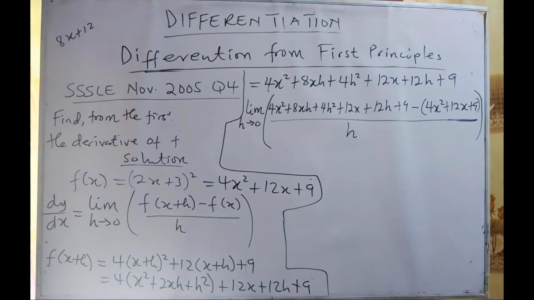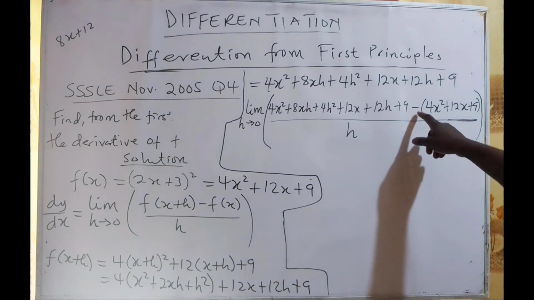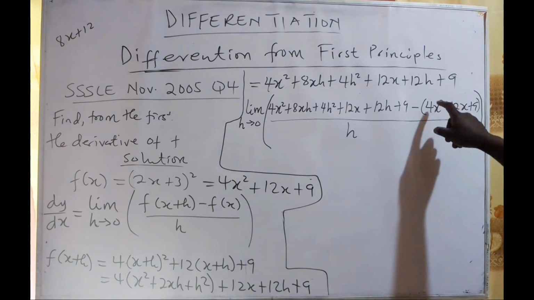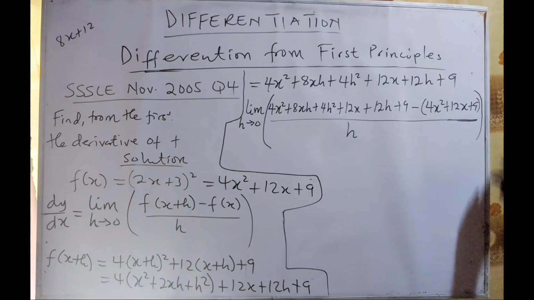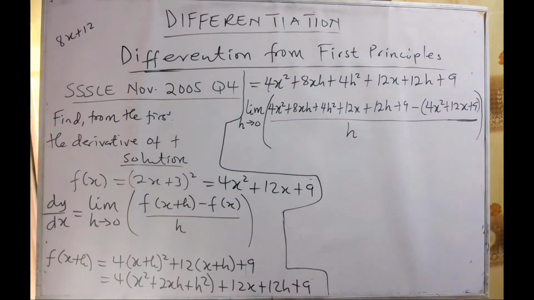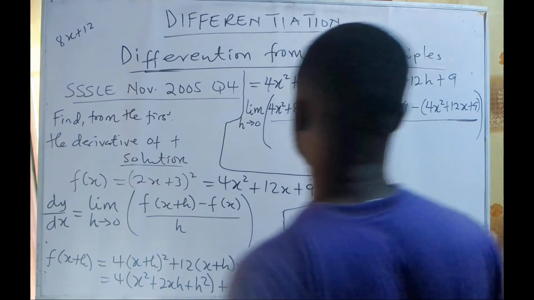Okay, so let's continue. So as I said, make sure that when you are subtracting, because the terms here is more than one term, we put it in a bracket so that when you expand, because the negatives are going to affect the term. So let's try and then see what we are going to get.